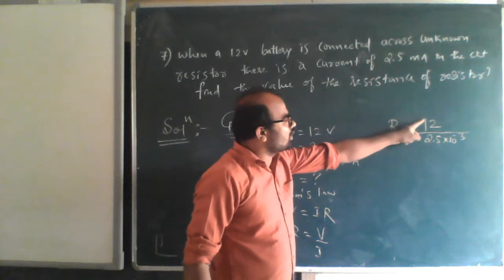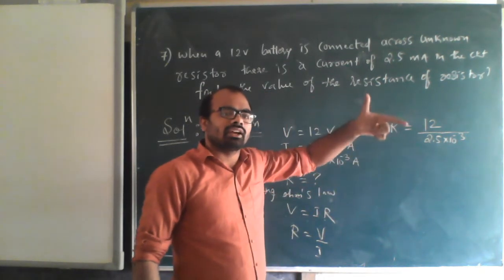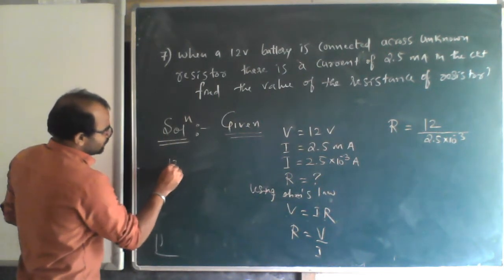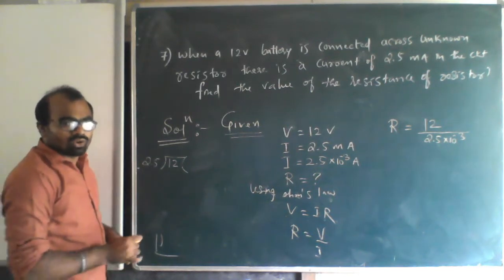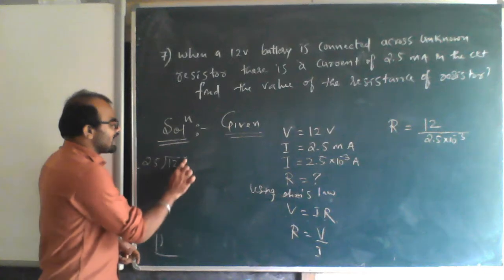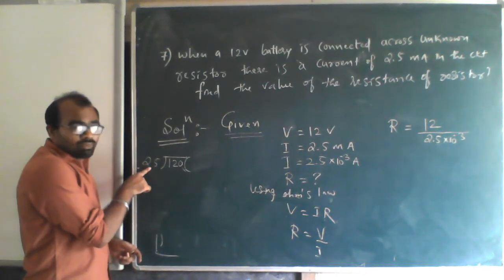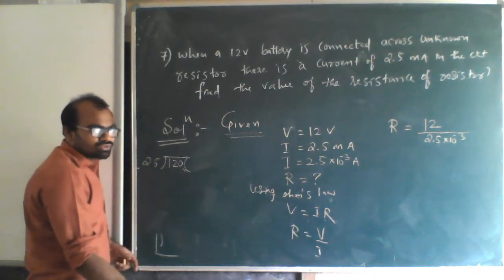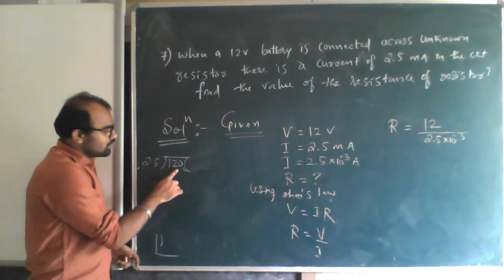The 10 to the power minus 3 will be taken to the upper side, so here I will make 12 divided by 2.5. How to do 12 divided by 2.5? We just remove this point and add a 0 here. Removing the point means multiplying by 10, and I have to multiply 12 also by 10. 2.5 became 25, 12 became 120.